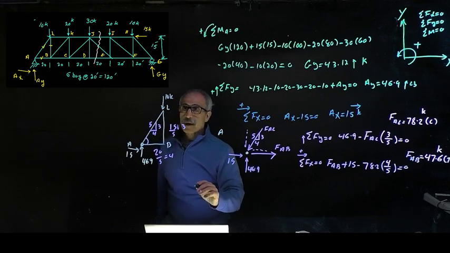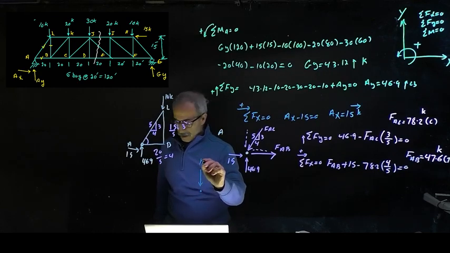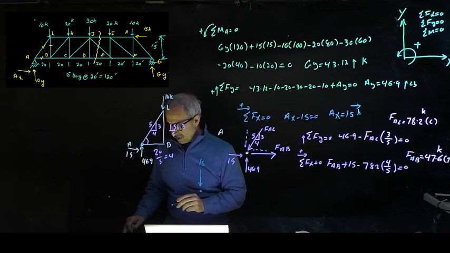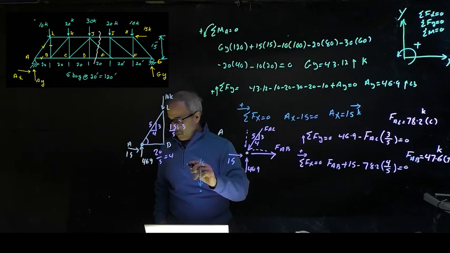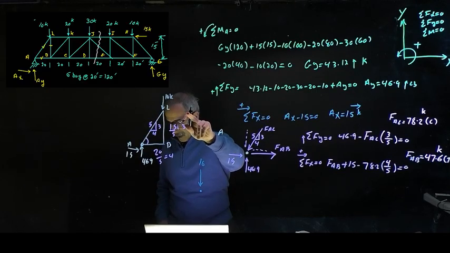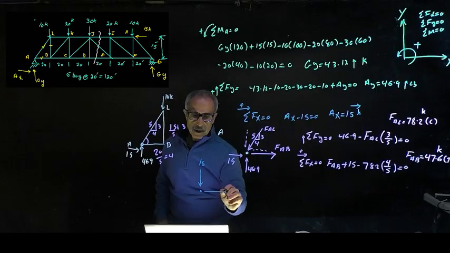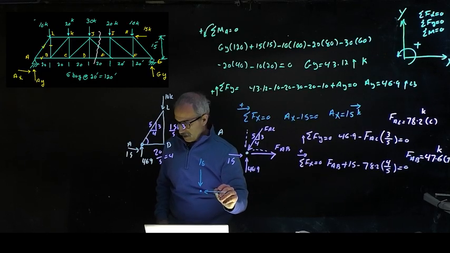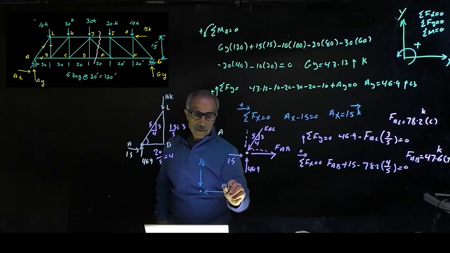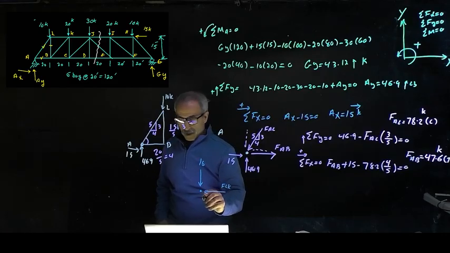All right, and we have this 10 coming down, and if you look at the whole truss, there's a member coming this way, so that's going to be one right here, and that's top in compression. That's FLK, and then I'm going to have this coming down here.